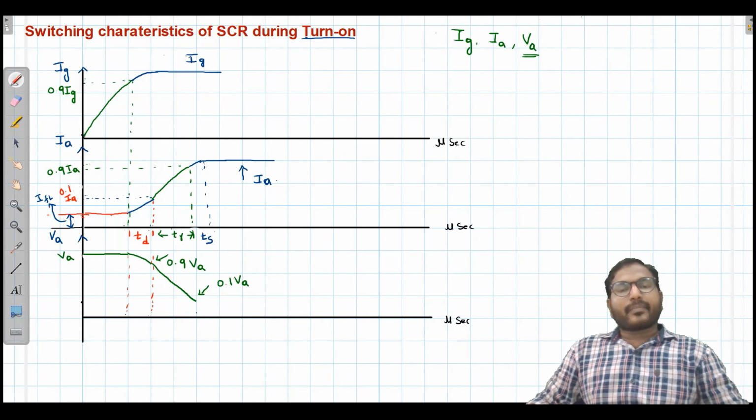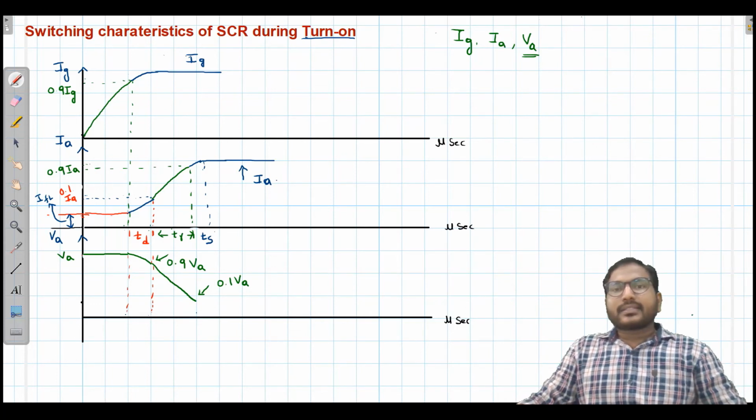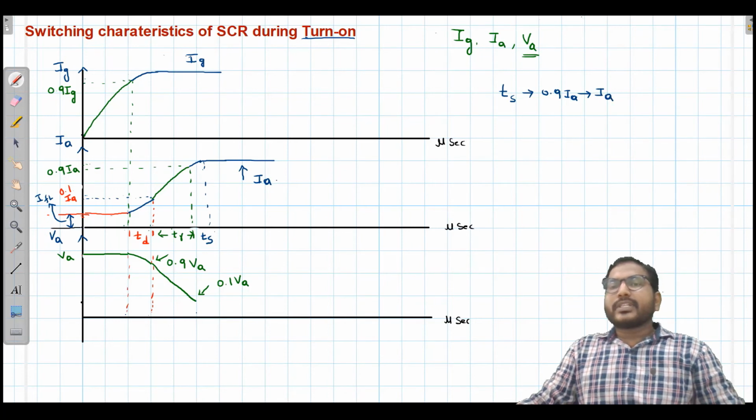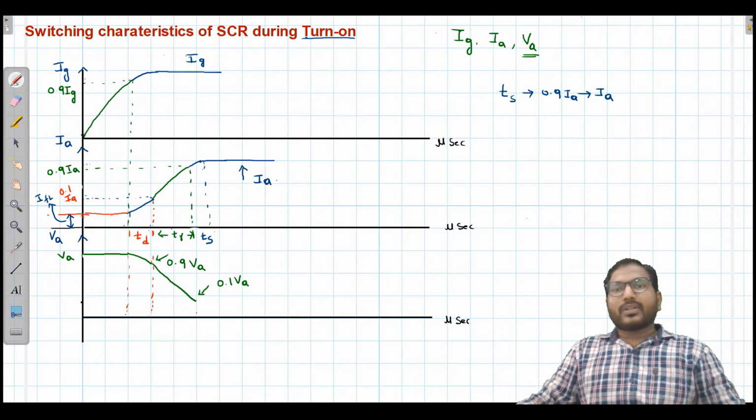So spread time is the time taken by IA to reach from 0.9 times of IA to 100% of IA, that is to its maximum rated anode current. It is called spread time.